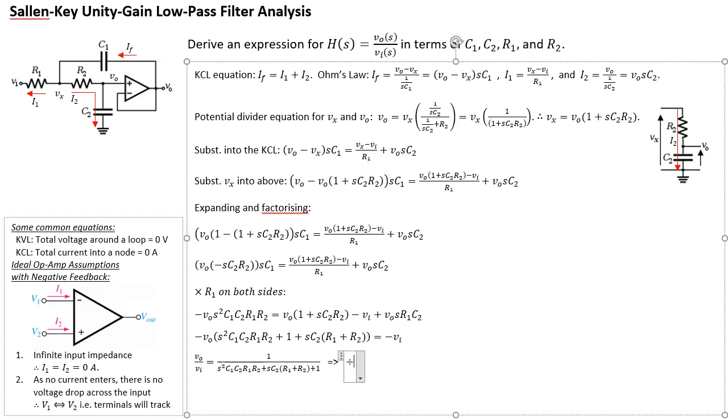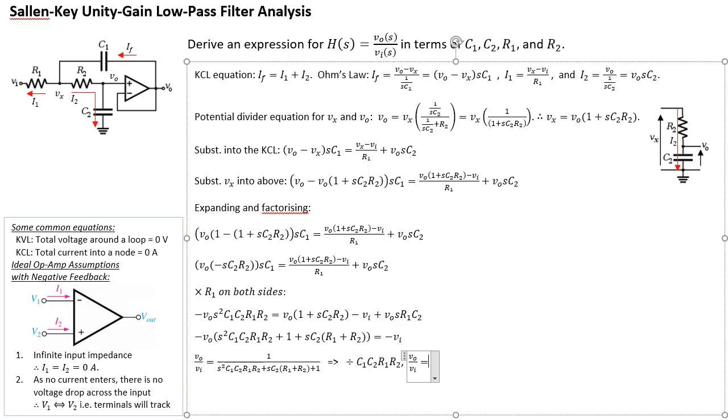Divide by C1, C2, R1, R2, both top and bottom. So then what I'll get is VO over VI, V output over VI.